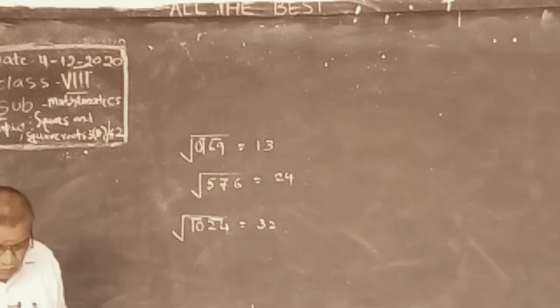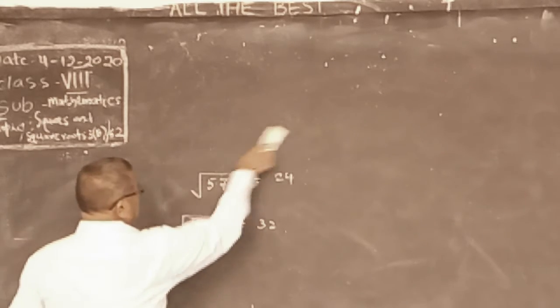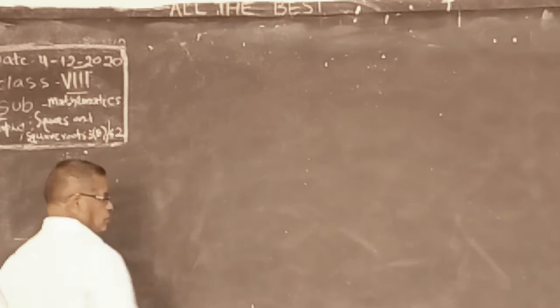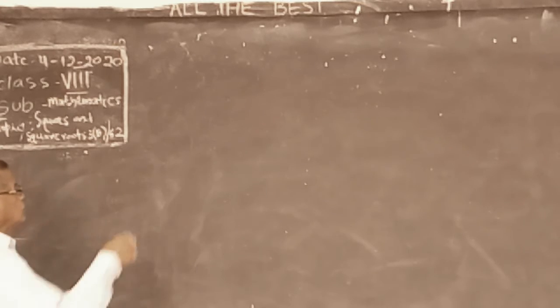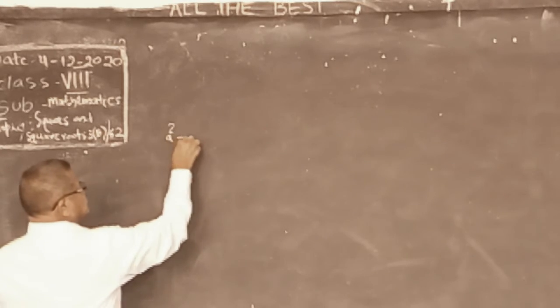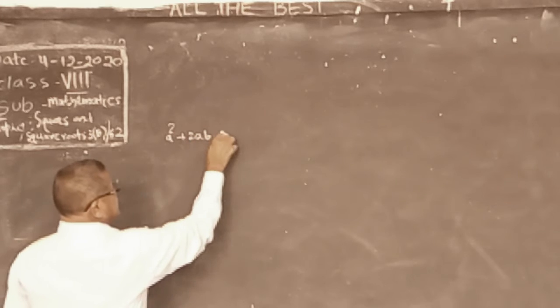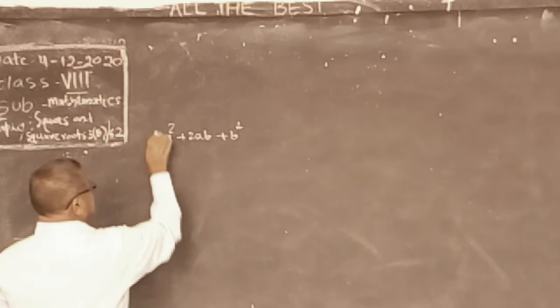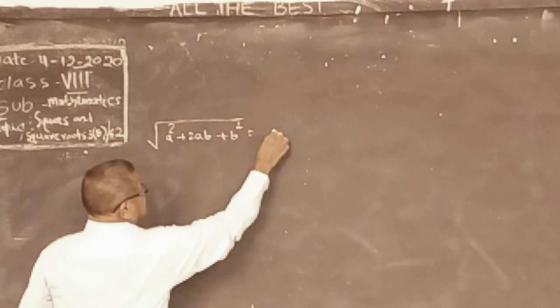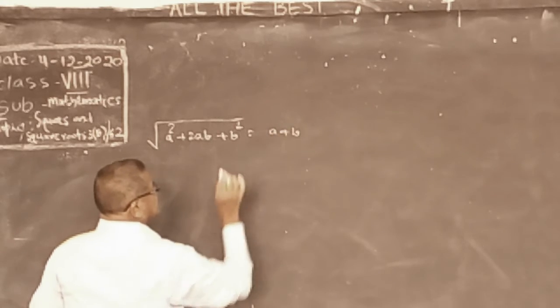Okay. Now we know a square plus 2ab plus b square is a perfect square. Then what is the square root? It is a plus b.